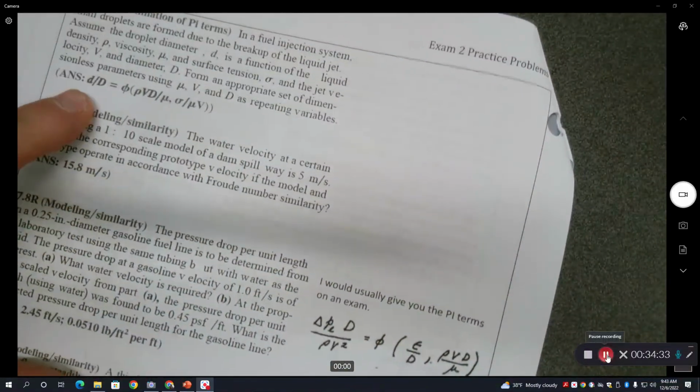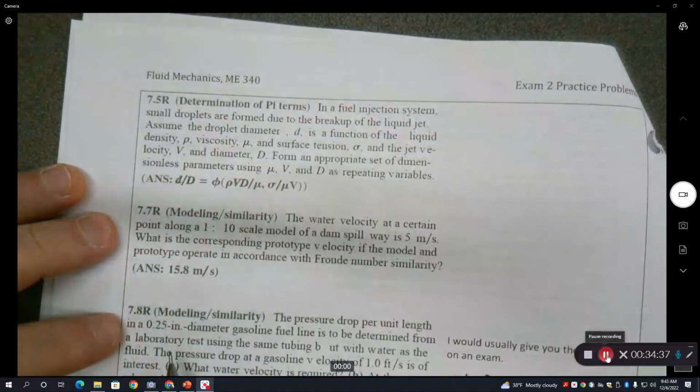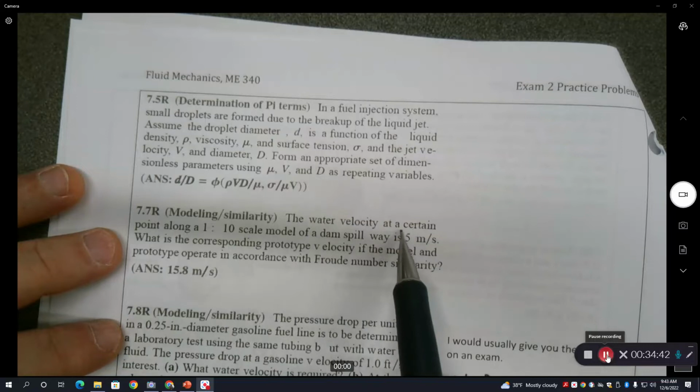I mean, we have some of these right here where we have determination of pi terms. What's 7.7 R? Because that actually has an answer to it. The water velocity at a certain point of the scale, right?